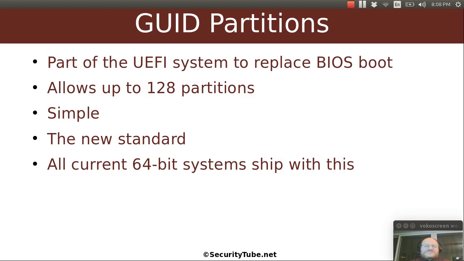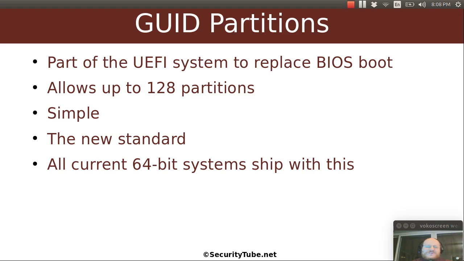Now, when it comes to GUID partitions, it allows up to 128 partitions. So that's great. There's no more worrying about, I have 4, I need more than 4, I have to have an extended partition, and I have to do all this craziness. It's very simple. And as I said, it is the new standard.